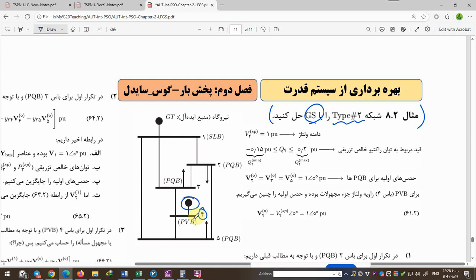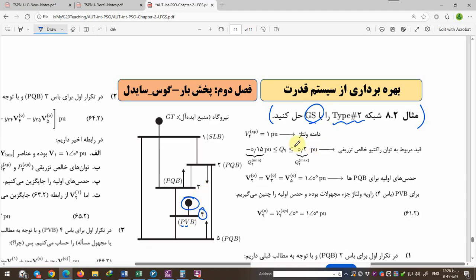In a PV bus, the P and the magnitude of voltage are fixed, and the generators can control the amount of active power injected and the voltage of the bus to which the generator is connected.